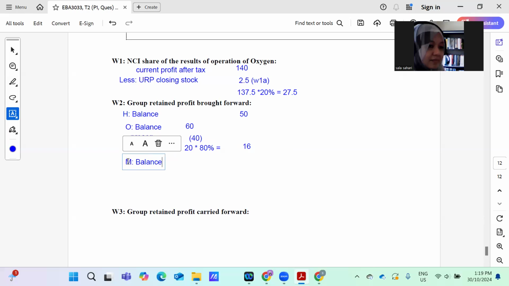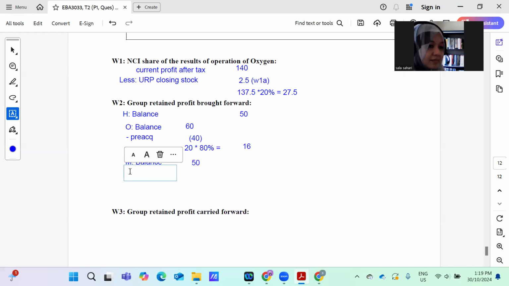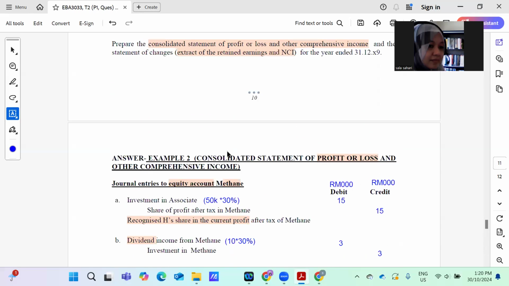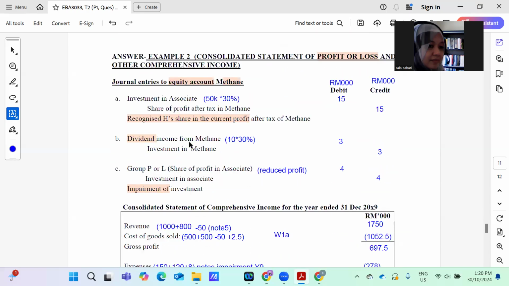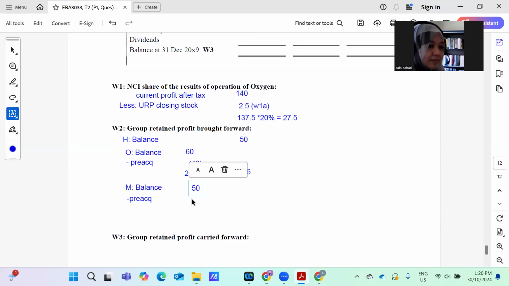And then we do the same for M, which is the associate just now. The balance just now from the income statement is 50. And then again, similar method, you need to minus the differences between the pre-acquisition. You go here in notes number 1, how much? 20,000 here. So minus 20,000. Similar like the above method also lah, like O also.